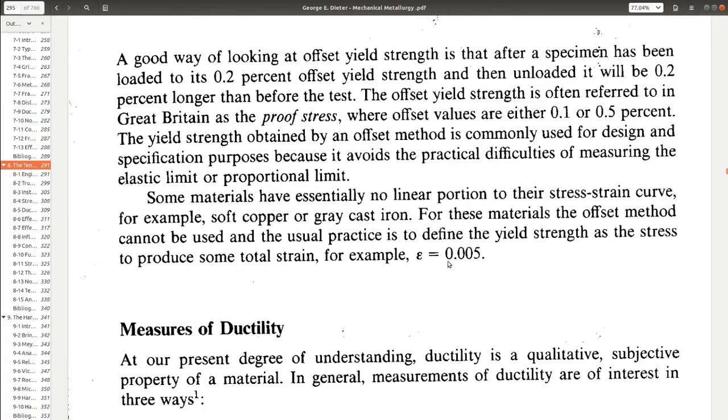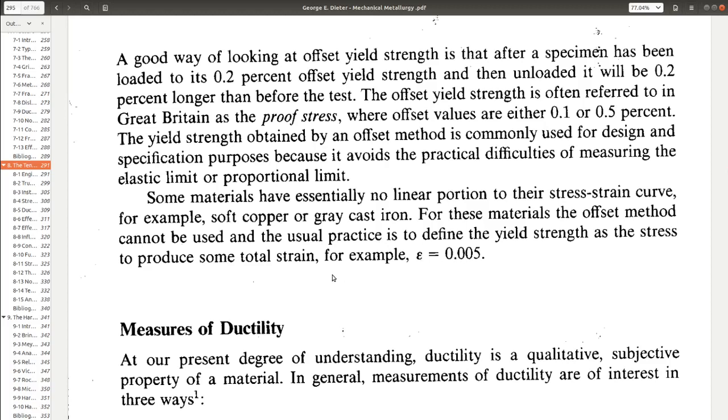So 0.5% is used for some soft materials where the stress strain curve will not have a linear portion. Like Hooke's law, there will be a region where stress is proportional to strain, but for some materials like soft copper or grey cast iron, we can't have such a straight line, and therefore we use this method.